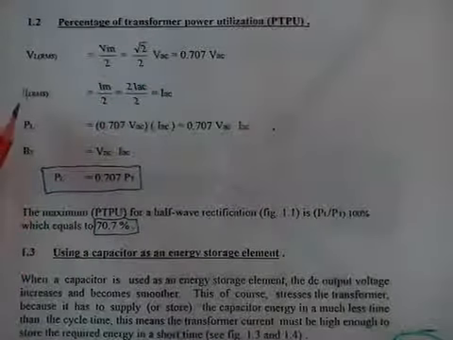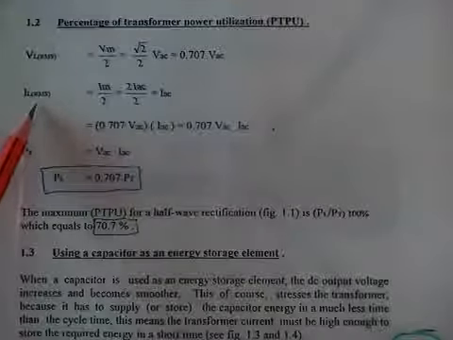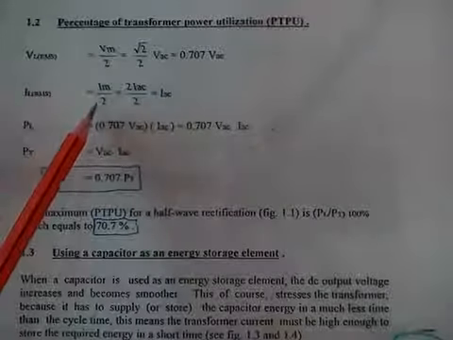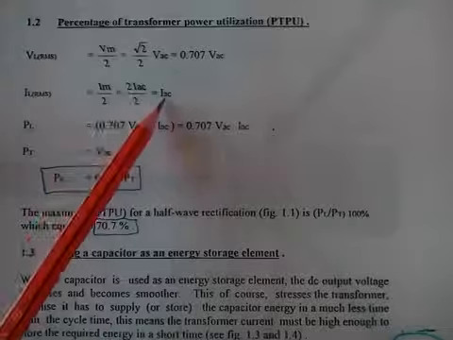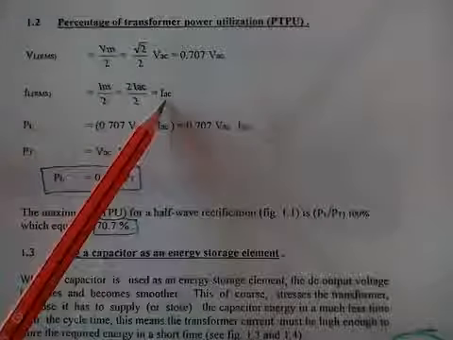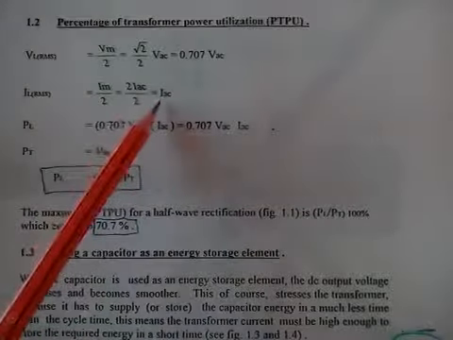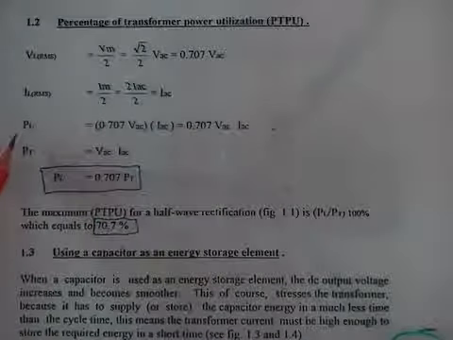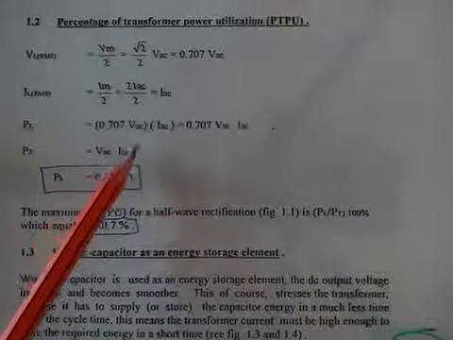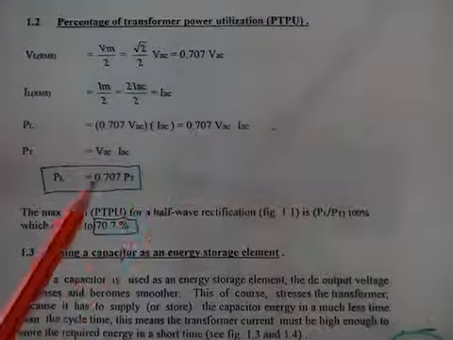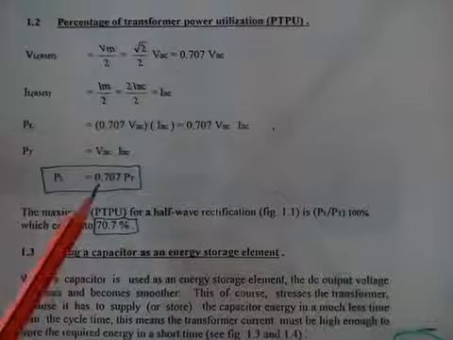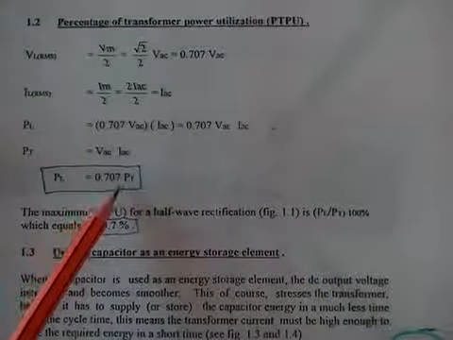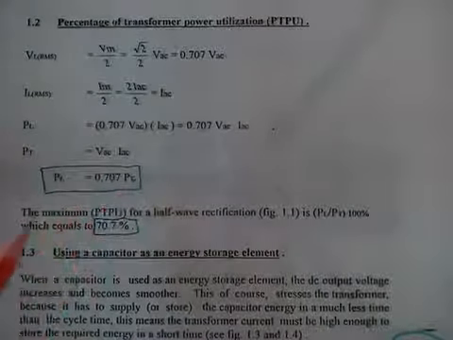We have the IL in RMS, which equals IM over 2, and that would equal exactly the IAC, because we get the full current that we can get out of it. And the power of the load in this case would be equal to 0.707 of the VAC. So that means we got about 70% of the power of the transformer.